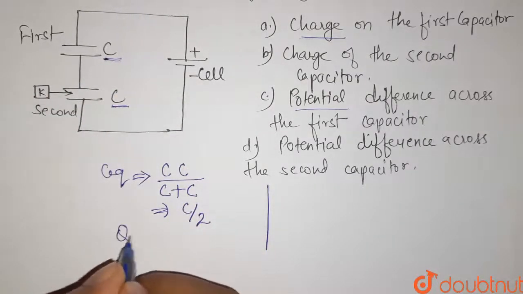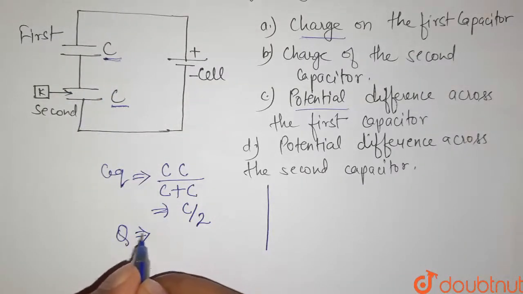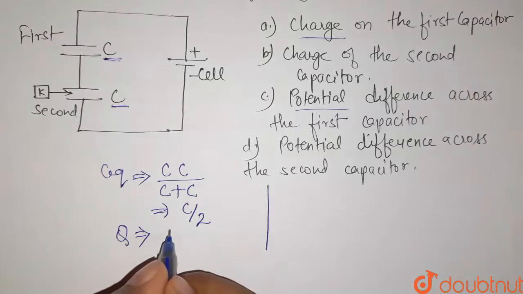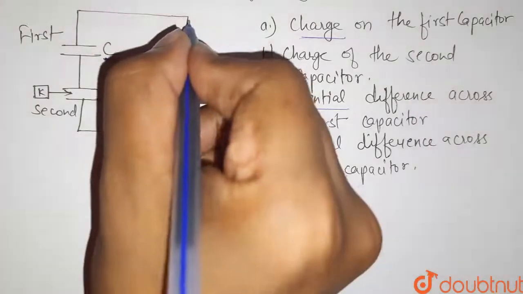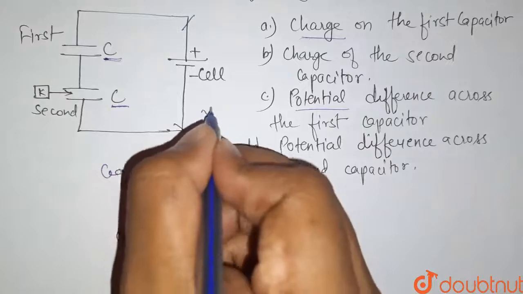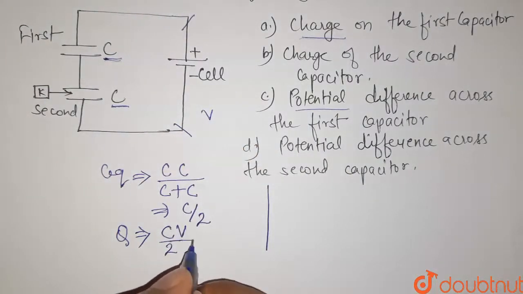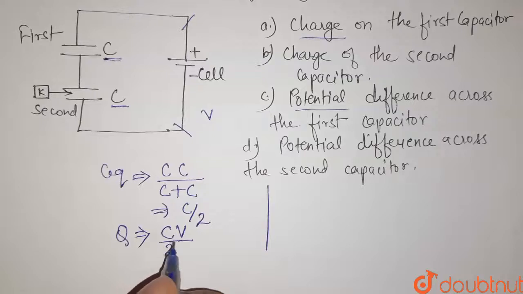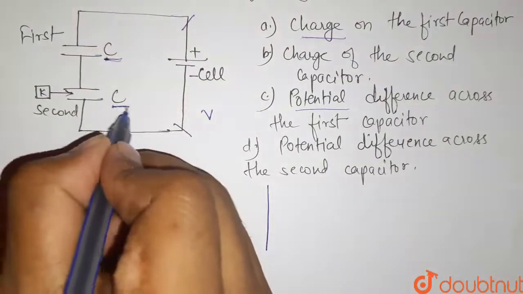So the charge in the first case is given by Q equals CV. The charge equals C divided by 2 into the voltage, which we take to be V, so it equals CV divided by 2. This is the charge on the equivalent of these two capacitors.